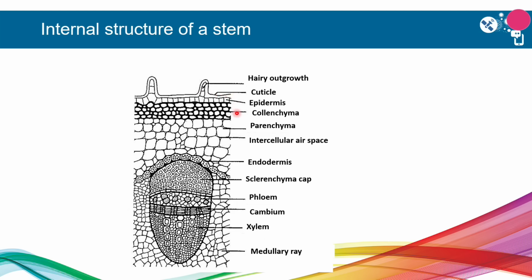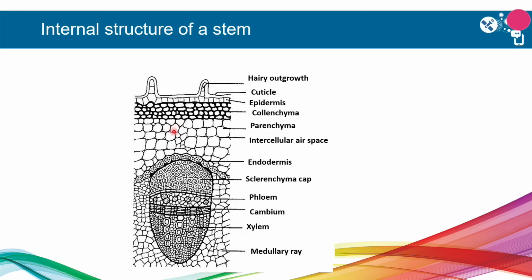So then there's a layer that we haven't found in the root, known as the parenchyma. And as you can see, these cells are sort of thickened around them. Their cell walls are evenly thickened, and that contributes to some extra strength and support for the stem to not just be blown away by the wind.